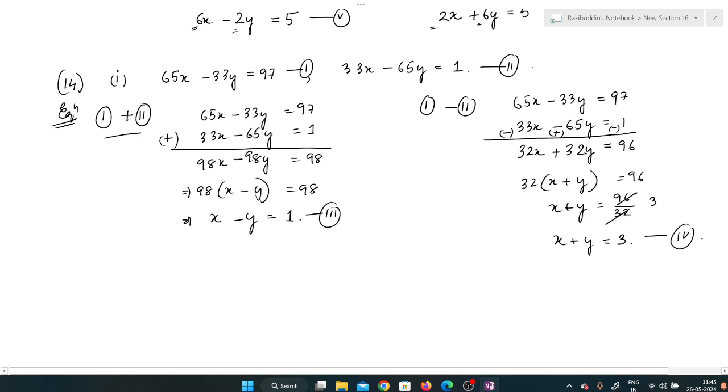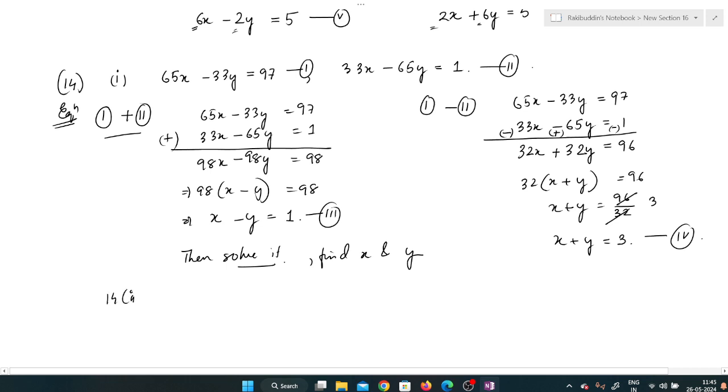But first you need to make them simpler equations. Then solve it using anything and find x and y. The same applies to question 14 number 2 also.